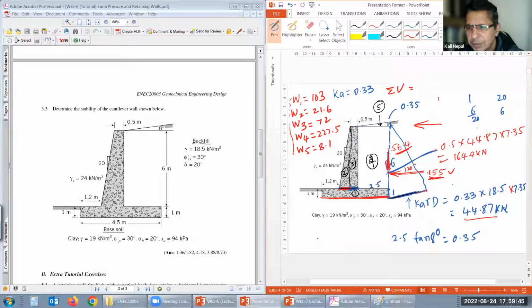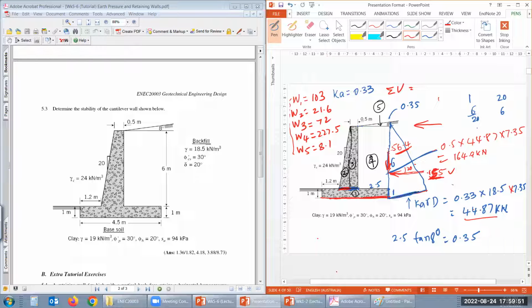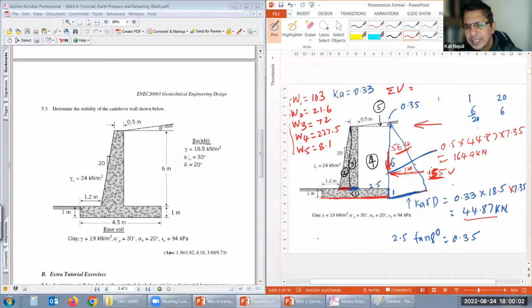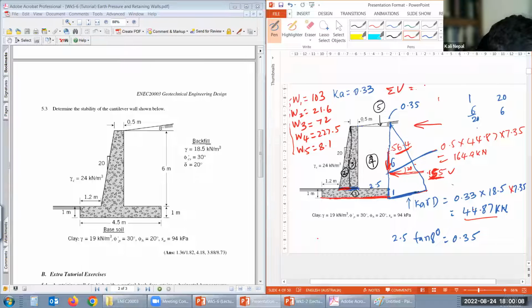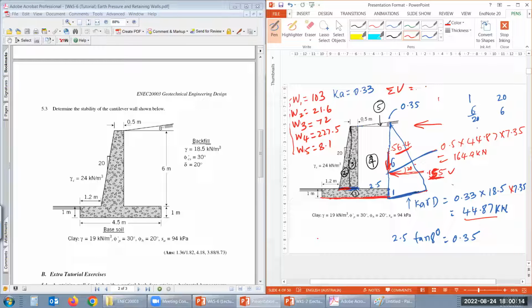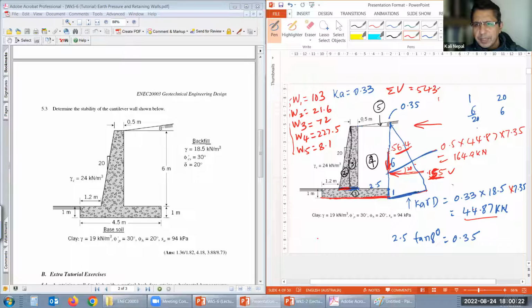That's not 15.5, it's 155. Total weight: 108 plus 21.6 plus 8.1 plus 56.4 and the rest. It's 543.6 kilonewton, that's what it gives from the top.